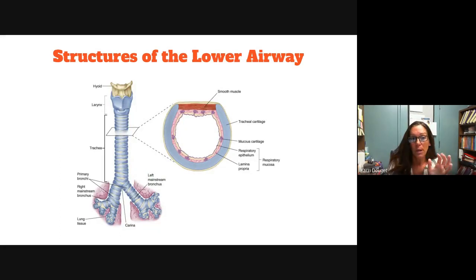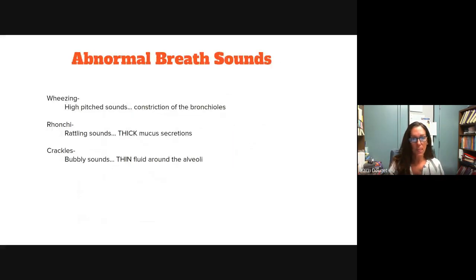Structures of the lower airway, again, just a picture to go back and make sure that you go over this again if you don't remember what's in the lower airway. Because there's a difference in sounds that you're going to hear for upper airway obstructions and lower airway obstructions. So go back over this if you need to. All right. Some of those sounds that we hear, obviously, this is all lower airway sounds.